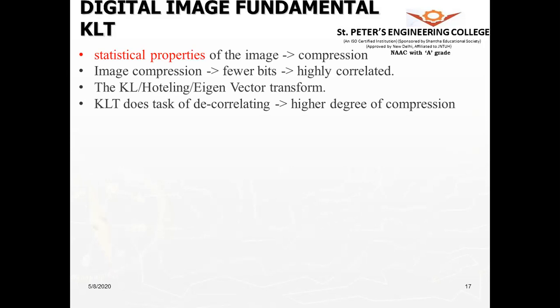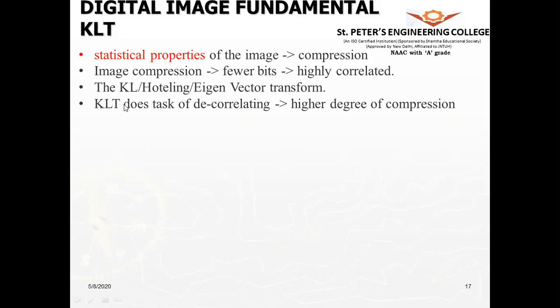Once we have performed the image compression, we will be reducing the bits, and once the bits are reduced, the image data will be highly correlated. So we can't reduce the image data further. In such cases, we go for the KL transform. The KL transform is also called the Hotelling transform or the eigenvector transform.